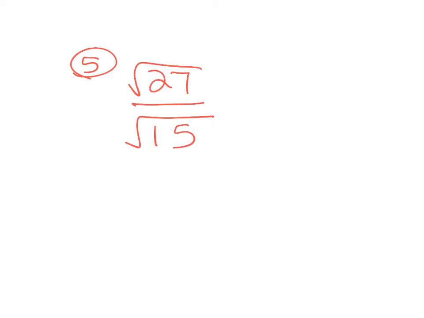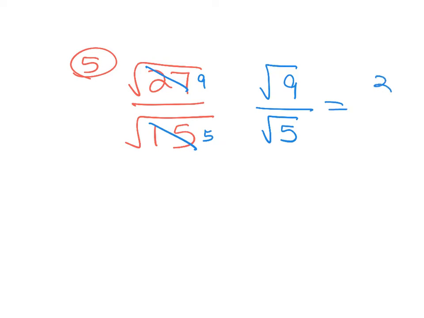And then if there's still a radical left behind, then that's when we'll rationalize. So I'm going to divide them both by 3 and leave behind a 9 and a 5. So now I have the square root of 9 over the square root of 5. I can also figure out what the square root of 9 is, and that's a 3.